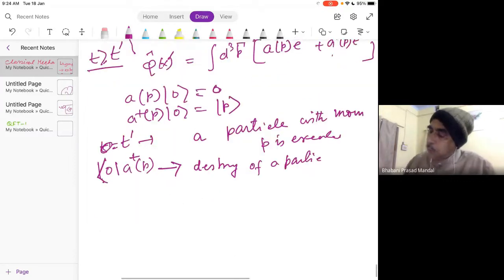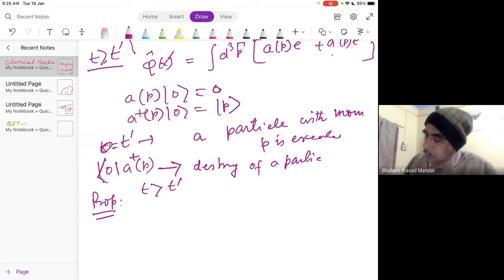So now the meaning of the propagator. For the meaning I am considering t greater than t prime.